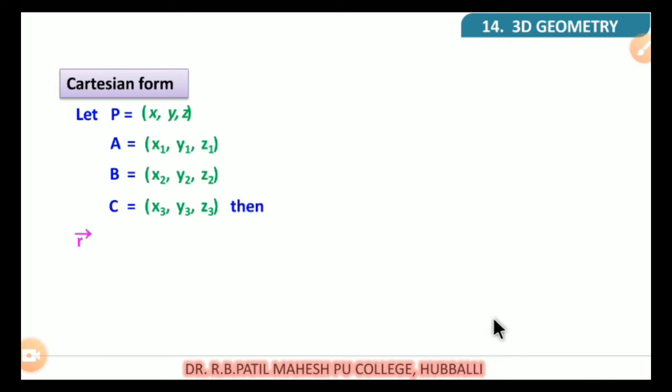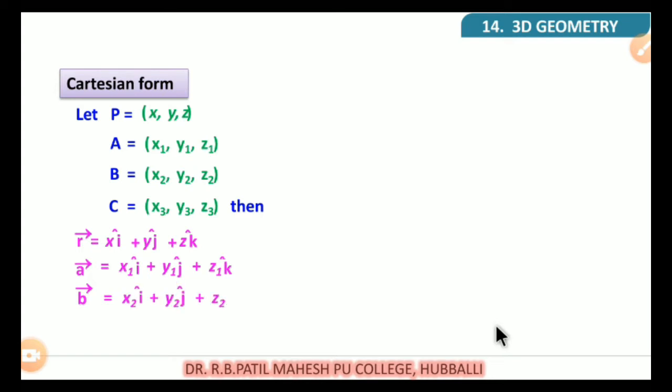Then we have r vector, that is xi plus yj plus zk. Small a vector is equal to x1i plus y1j plus z1k. b vector is equal to x2i plus y2j plus z2k. c vector is equal to x3i plus y3j plus z3k.